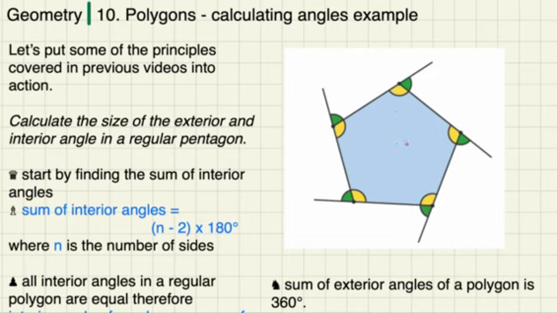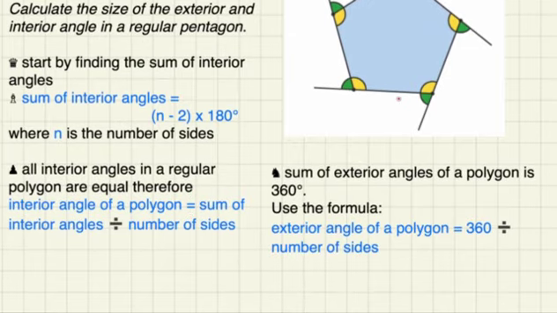So how many sides do we have? Well, we've counted this before. There are 5 sides. So you'd put the 5 in there, minus 2 equals 3, multiplied by 180 degrees. So that's how you would do that.